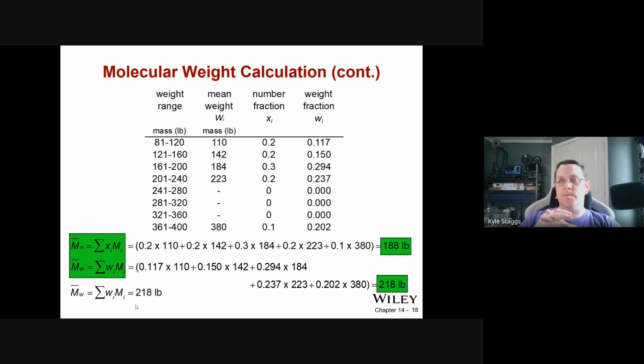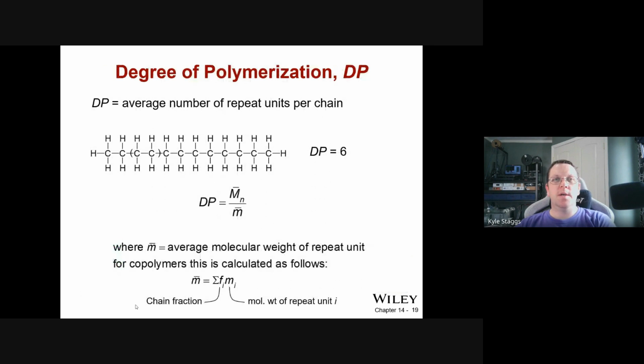What these allow us to do is understand, especially when we're mixing different polymer types in the way that we might be for tuning specific properties, that gives us some flexibility and some range to work with later. And you'll see why it's important, because it changes some of the properties and how they operate.